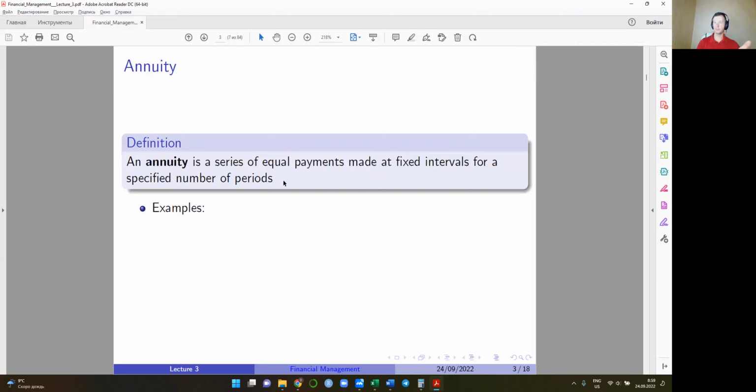We know when this stream of payments ends. For example, where in practice can we find such cash flows? Equal payment house mortgage. This is the most popular example of annuities. When you take a loan to purchase a house, usually you pay monthly equal amounts with fixed intervals between these payments, and you know exactly when you will finish doing this, after 10 years, 20 years, 30 years, depends.